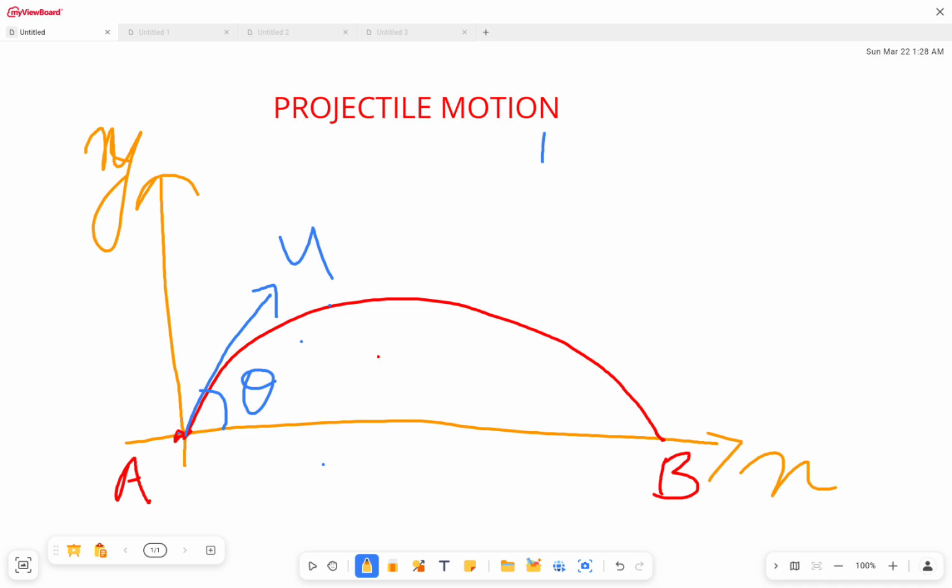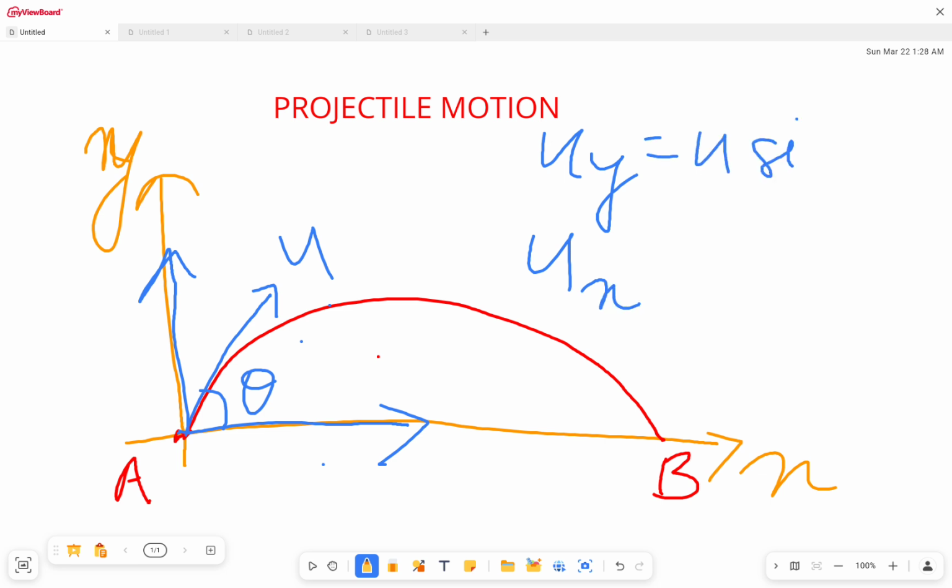One is the vertical component, that is uy, and the other one is the horizontal component ux. This uy is equal to u sine theta and ux will be u cos theta. So let's see the various parameters associated with this projectile motion.